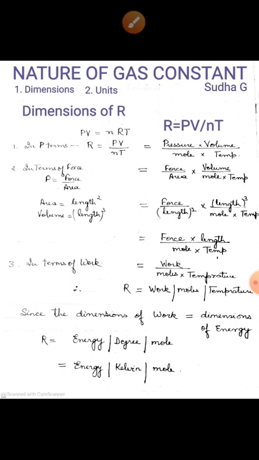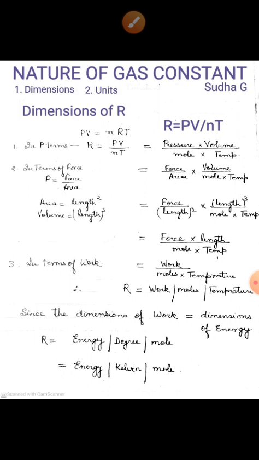By simple mathematics, this is equal to force into length upon mole into temperature. Now we know that force into length is equal to work done. Therefore, thirdly we can discuss the dimension of R in terms of work, which is equal to work per mole per temperature.